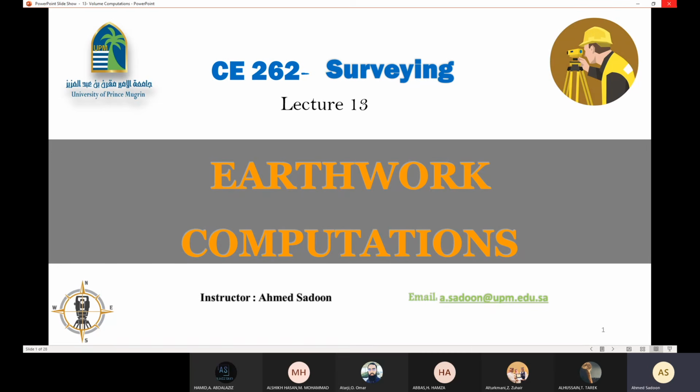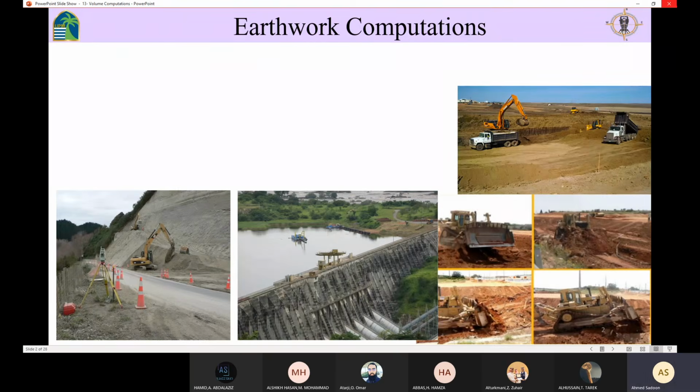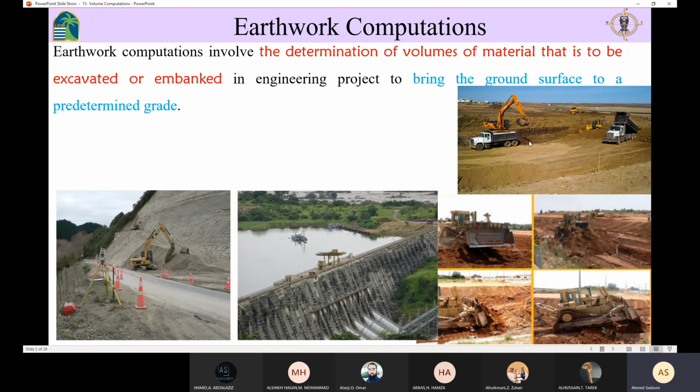And get started. In today's lecture, we're going to talk about earthwork computations. The earthwork computation is very important for any engineering project. Earthwork involves the determination of volumes of materials that are to be excavated or embanked or filled.